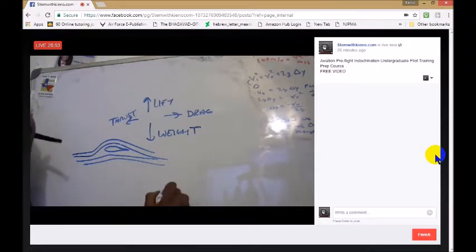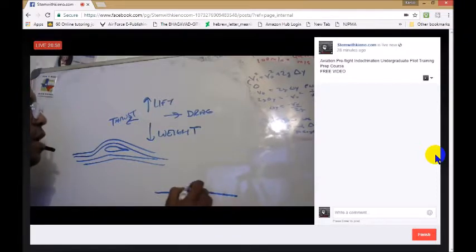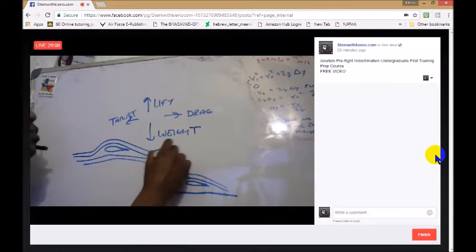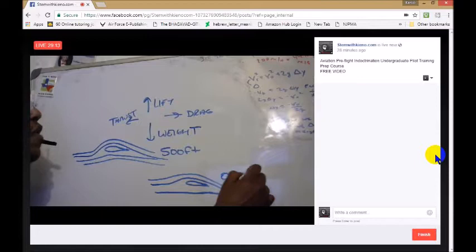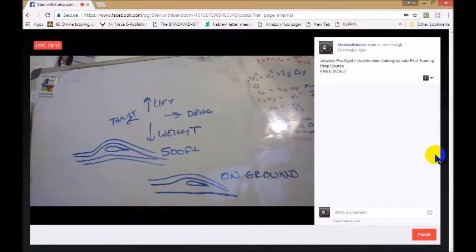But when we get down here in a landing configuration, the wing is down here, so there's not a lot of air molecules below the wing like it would be in this situation, like if this was 500 feet in the air, and this is, I'll just say, on the ground. So the airflow patterns here, we don't have as much upwash and downwash produced.